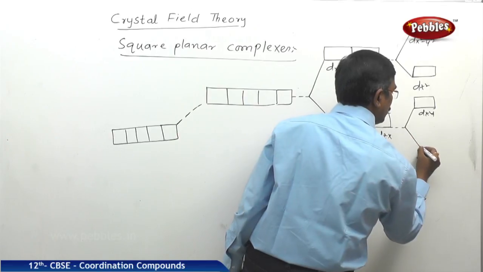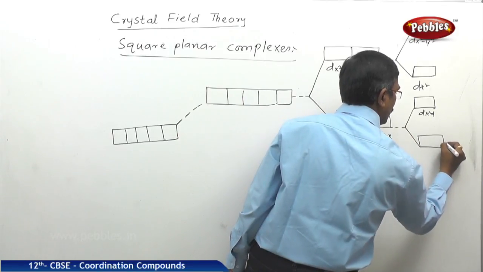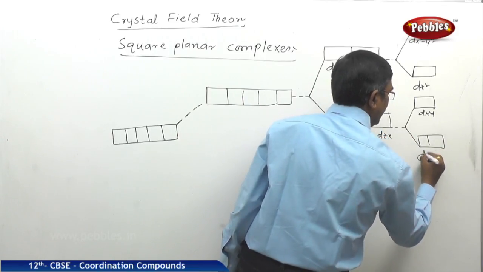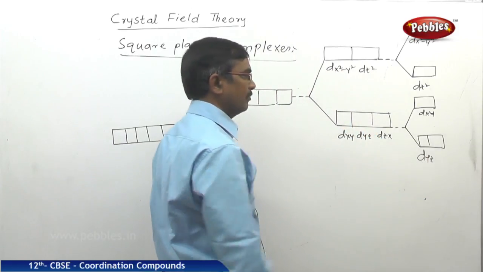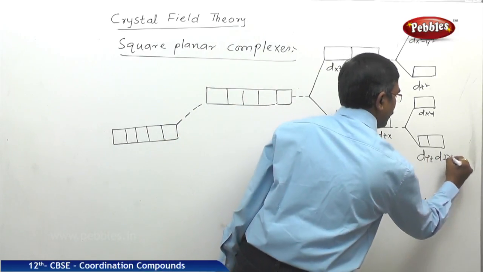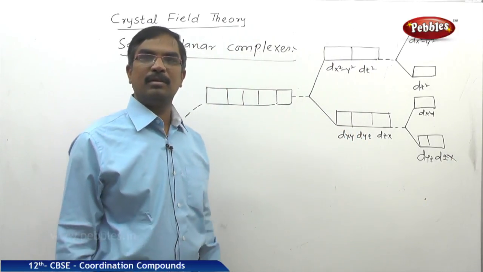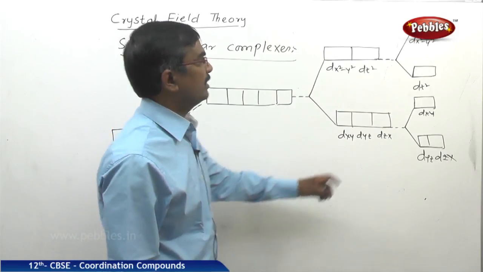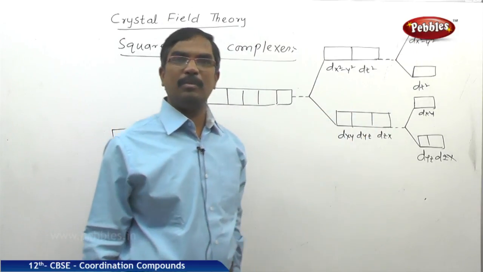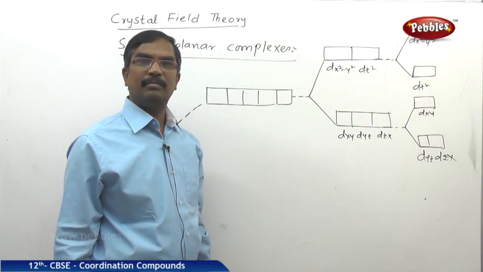And the remaining two are stabilized. This is dyz, dzx. We can see here how these will be split.